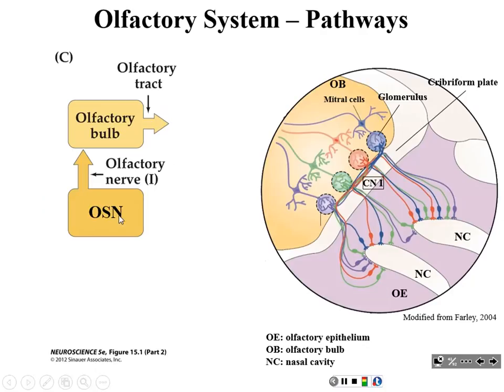We have the olfactory sensory neurons, and the axons of these olfactory sensory neurons form cranial nerve number 1 that crosses the cribriform plate, and they target in the olfactory bulb these structures called glomerulus. From there, from the olfactory bulb, these cells that are shown in here, called mitral cells, extend an axon that forms the olfactory tract.